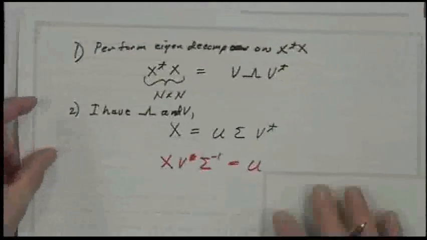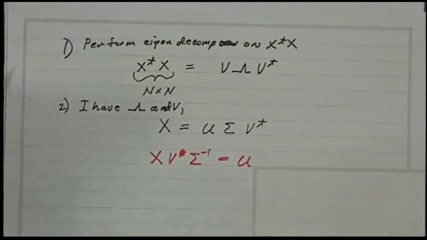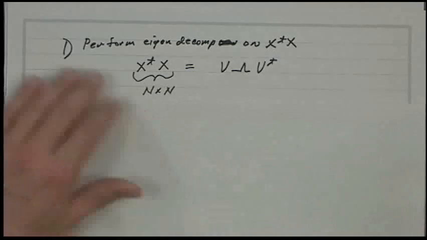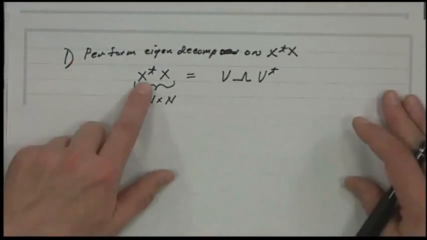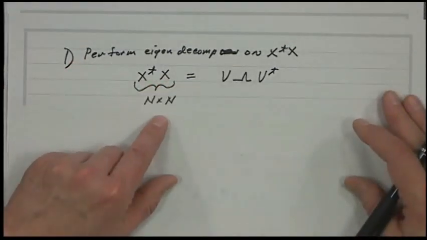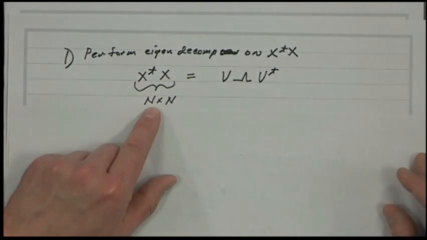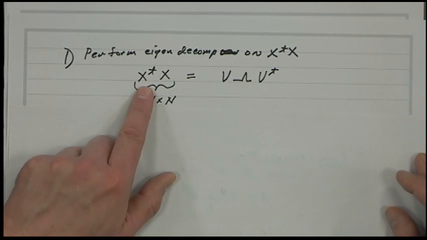I'll explain it to you, because understanding it gives you, I think, insight into the problem. First, you form X transpose X. Now, X transpose X is an autocorrelation matrix, but it has a different interpretation. Instead of being the sample correlation between different pixels, it's the sample correlation between different images in your set.